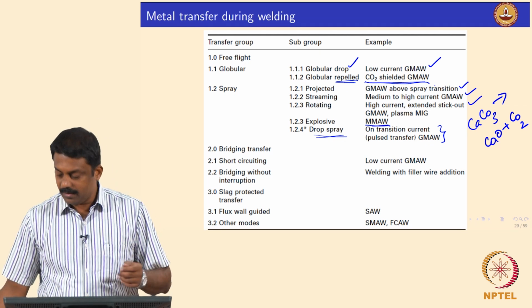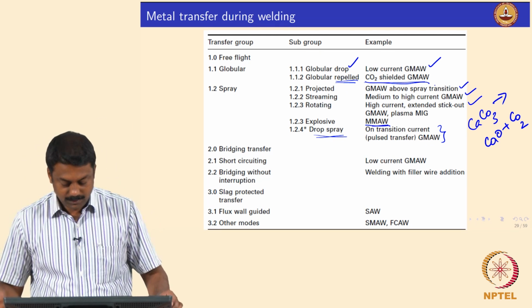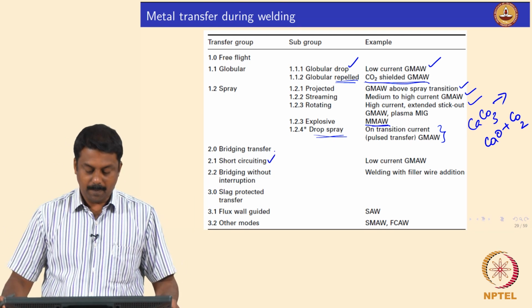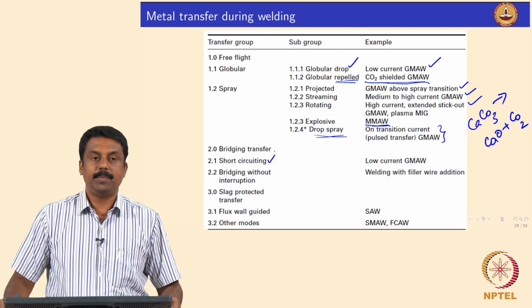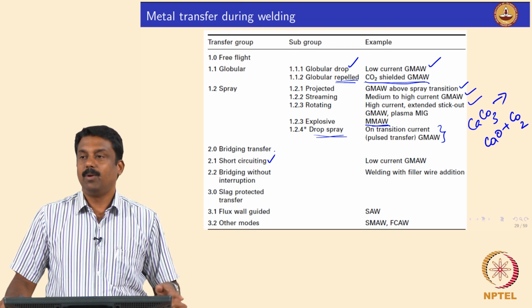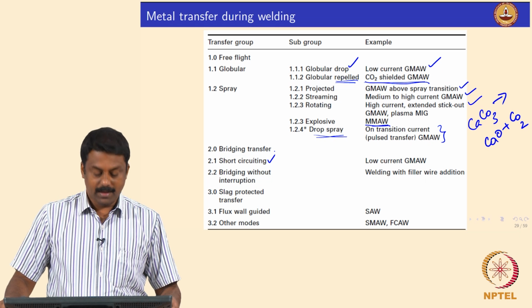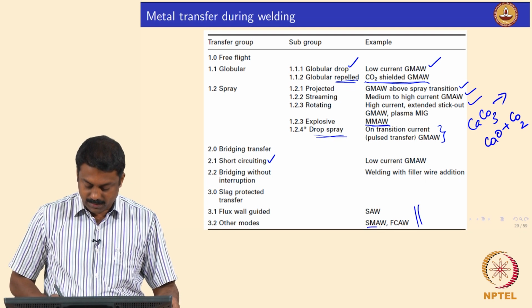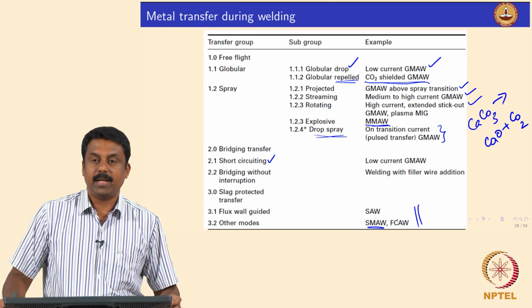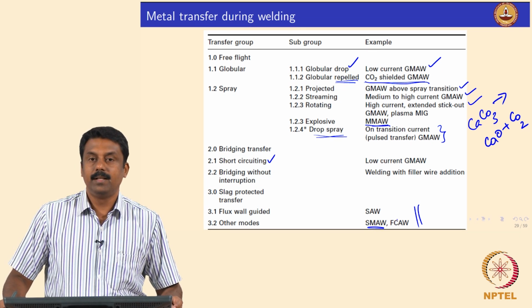You can also achieve short circuiting transfer by carefully playing around with GMAW parameters like wire feed rate, voltage and current. Other modes you will see when we look at the mechanisms of SMAW and FCAW.